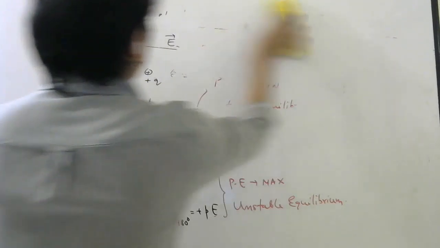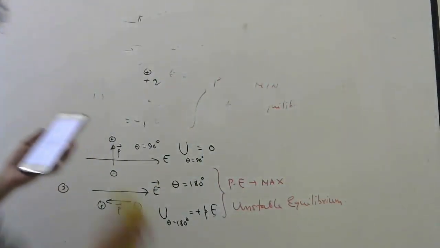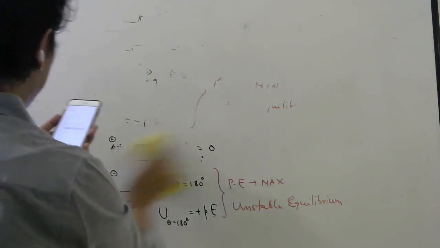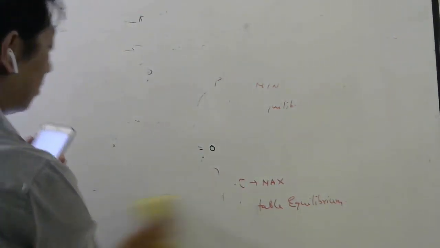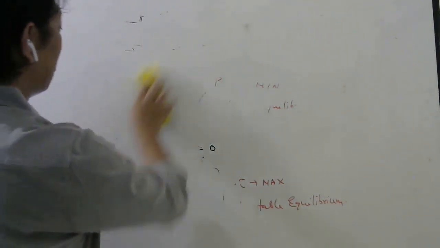The first question says, for which configuration of a dipole in a uniform electric field is the dipole in stable equilibrium? Just now I told. So the answer is when the dipole moment vector is parallel to the electric field vector. Very easy.